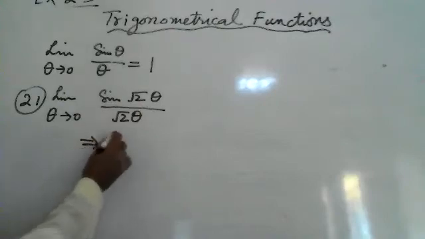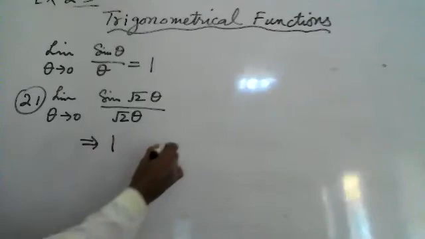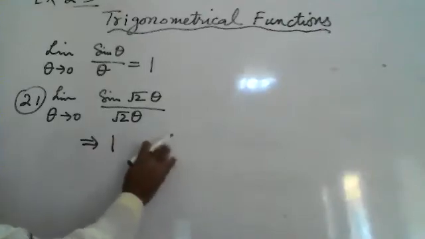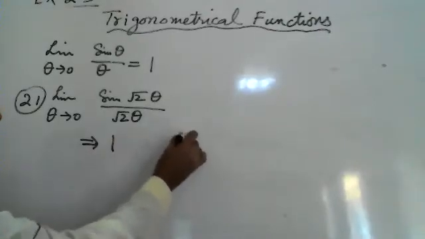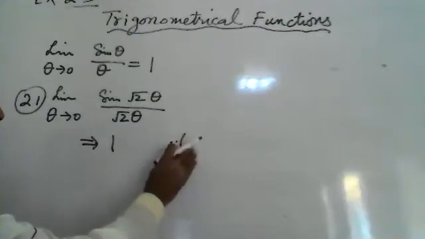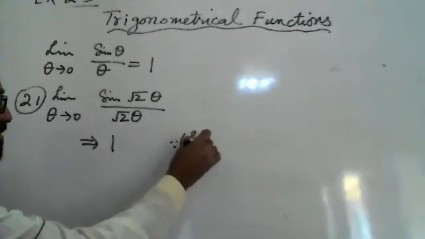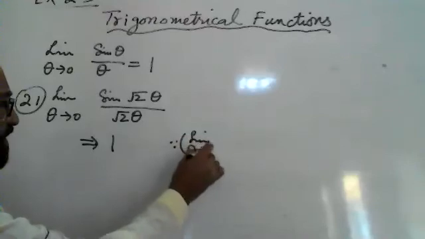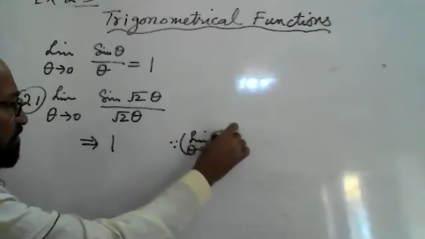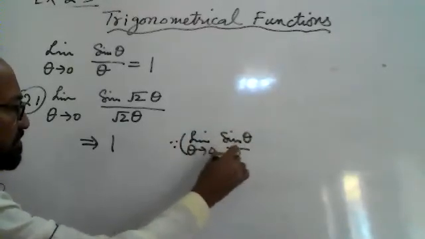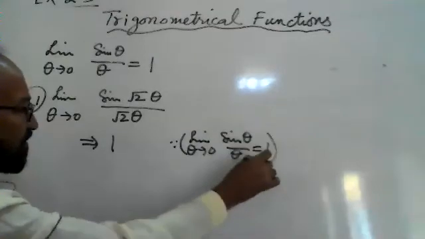So directly we will use the formula equal to 1. Limit theta tends to 0, we will write the formula equal to 1.